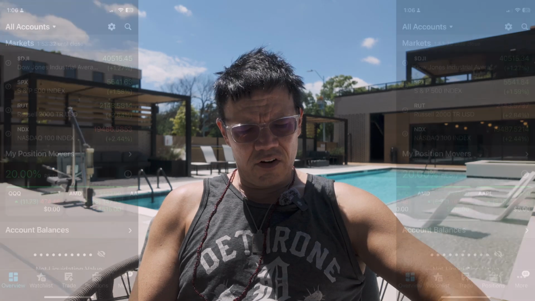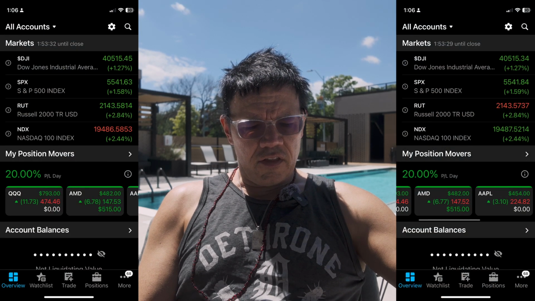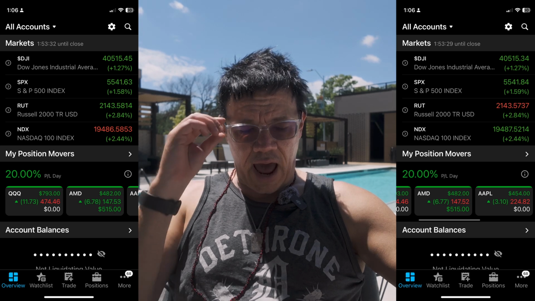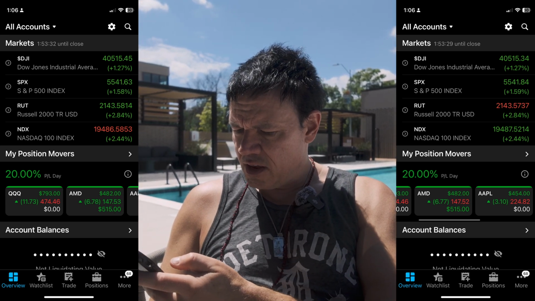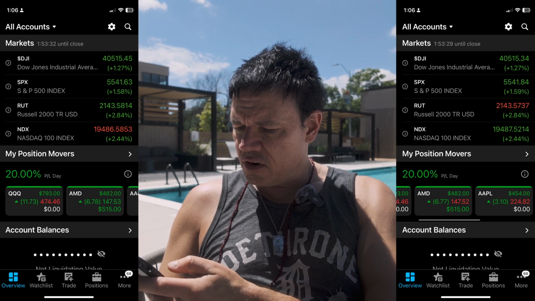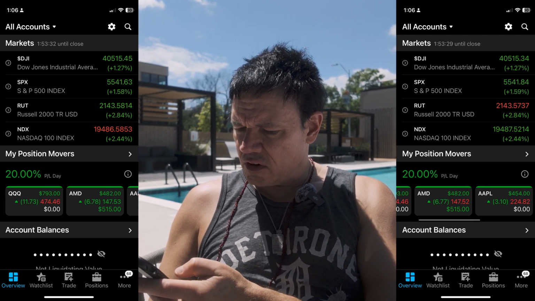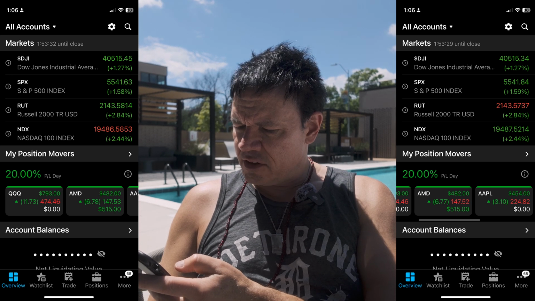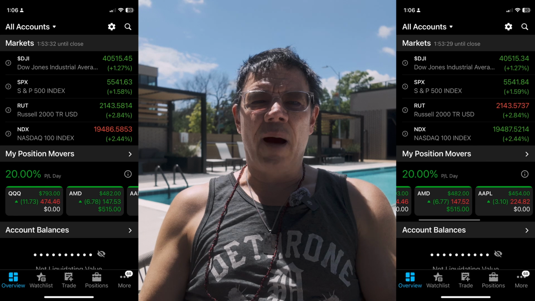I am just at around a $1,600 profit for the day. I traded the Qs, AMD, and Apple, just over 20% P&L. Had almost $800 on the Qs, nearly $500 on AMD, and just over $450 on Apple.